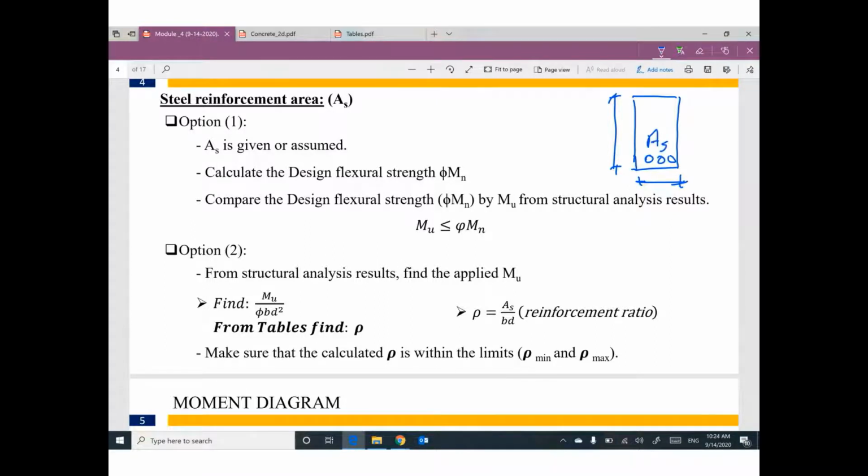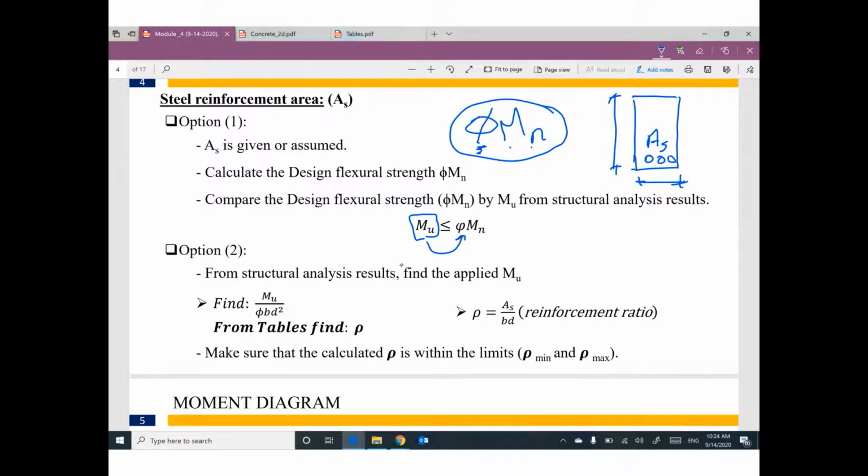And you can figure out what is the design bending moment. Do you remember? Design bending moment. If I'm talking about design, I'm talking about Mn times the phi reduction factor. And your applied moment must be smaller than or equal to the design moment.